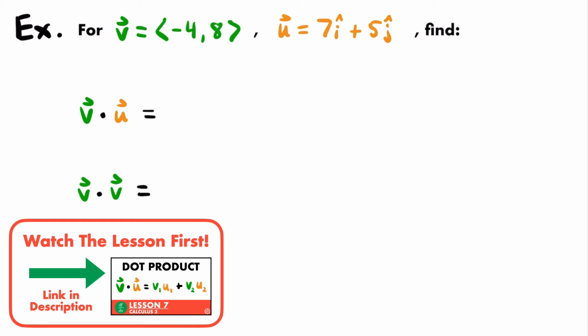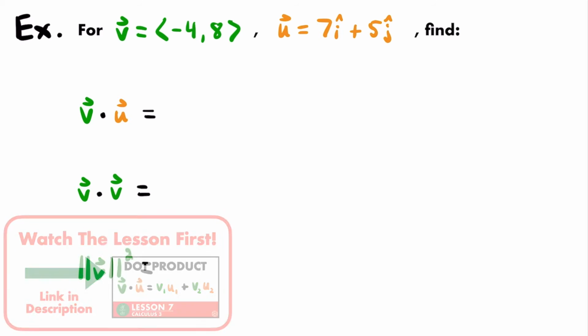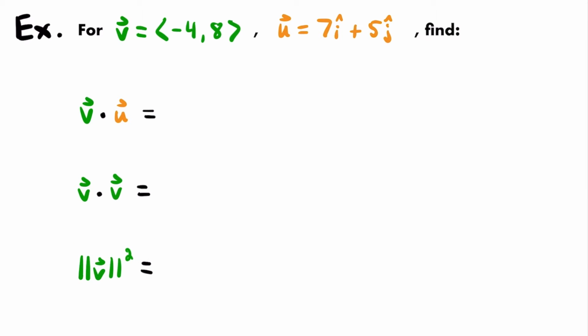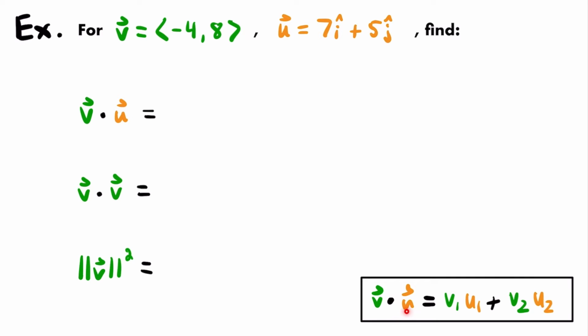For these two dot products, notice that vector v and vector u are both two-dimensional vectors, right? Both of them only have two components, an x component and a y component. When you want to perform the dot product for vectors in two dimensions, here's the formula that you use. The dot product of vector v and vector u is equal to v1 times u1 plus v2 times u2.